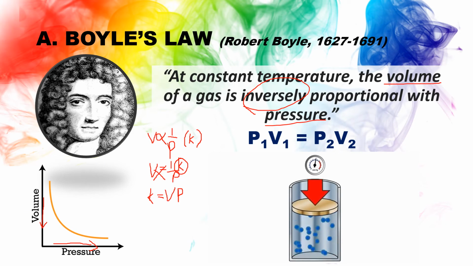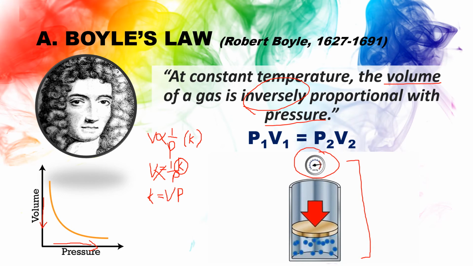So let's try to take this animated picture as an example. So we have here a pressure reader and a container with a piece of wood. As you can see, as you press it down, the volume is decreasing. From this volume, as you press it, it decreases up to this point.